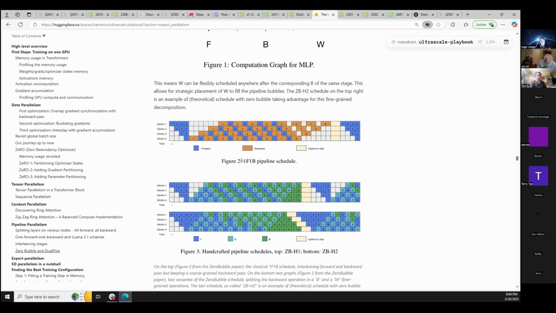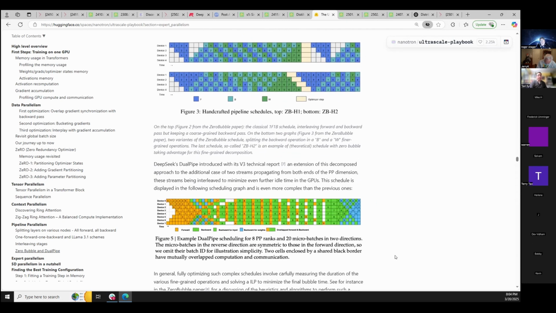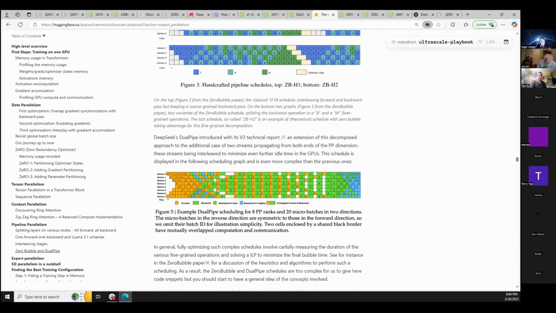And so there's the zero bubble paper or papers, and then eventually we had DeepSeek, where they did this technique where I believe they were GPU rich, so they could afford to use only half the memory of the GPU at a time. And so they used half for, I can't remember, early layers, half for late layers, and interleaved those.